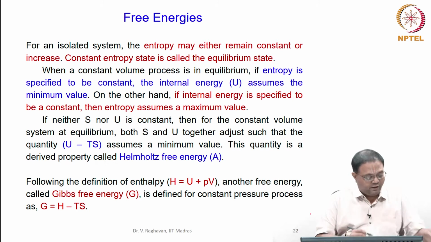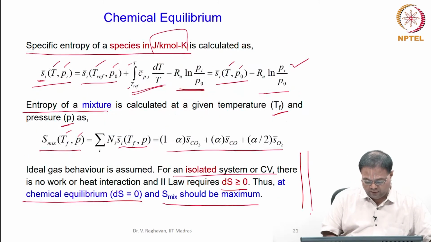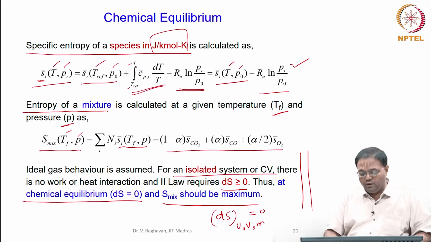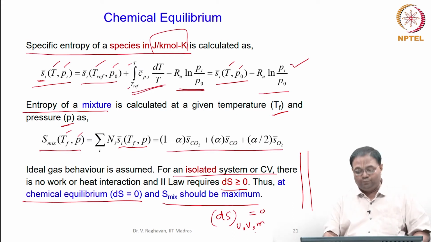When I say ds equal to 0, you should write ds at constant U, constant V and constant mass equal to 0 for equilibrium. That means at a given internal energy, volume and mass, ds is equal to 0. So we cannot find the condition like this everywhere.